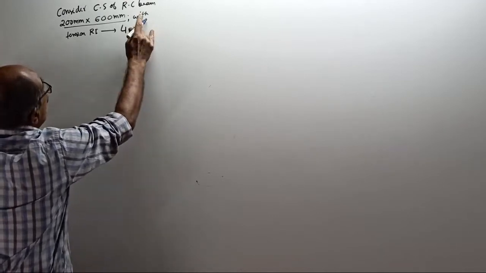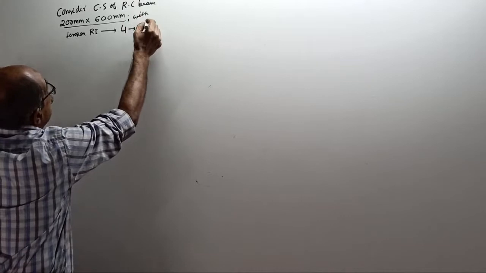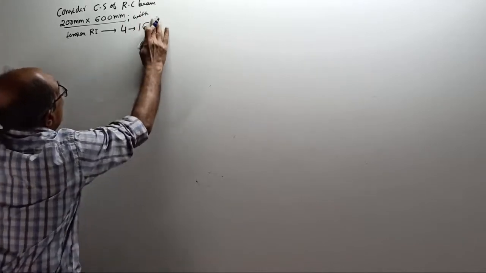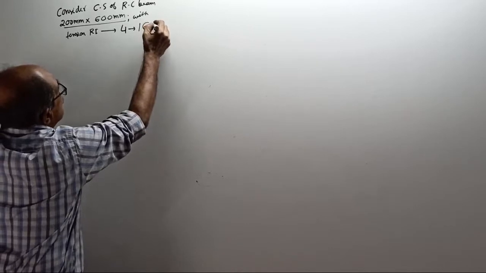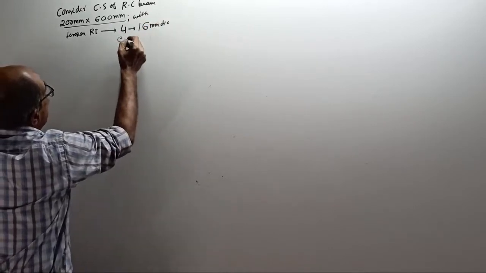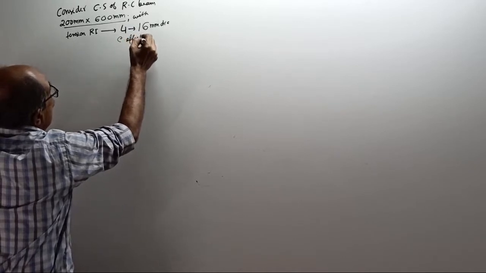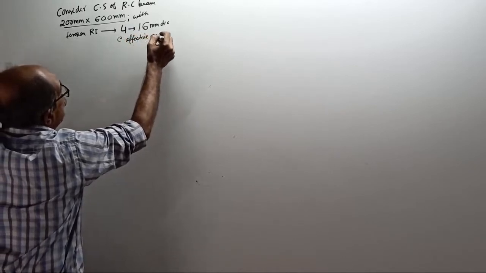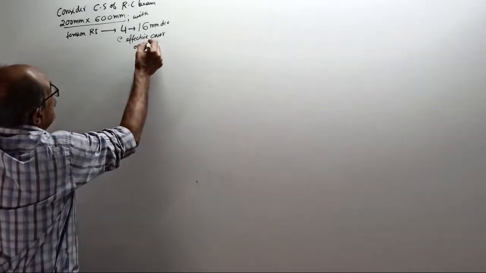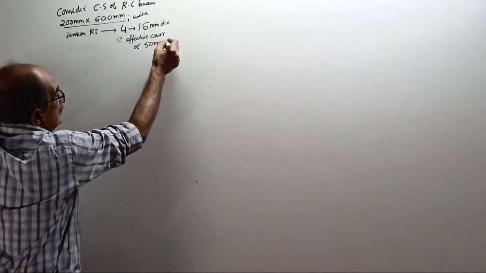Some will ask, how do you know it? Don't ask how I know it. 4 bars of 16 mm diameter. Then effective cover, I will tell you what is effective cover, of 40 clear plus 10, 50 millimeter, round number.